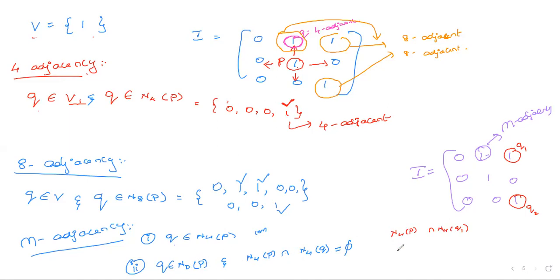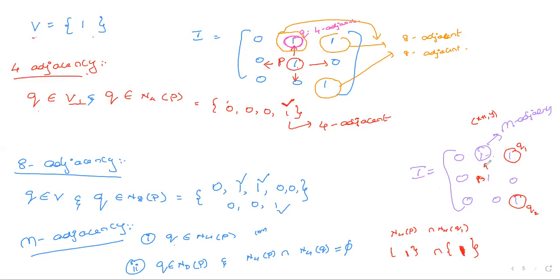Now I am checking N4 of P. This one is P. For this P, N4 of P is this one, right? What is the position of this one generally? X plus 1 comma y. Now the intersection with N4 of Q1 has the same position, same value.